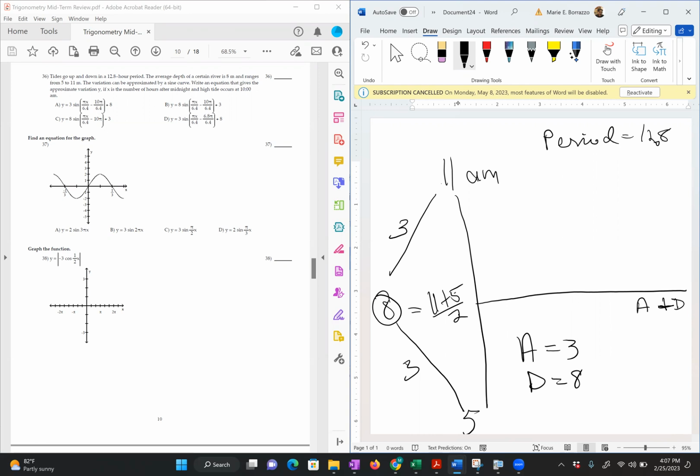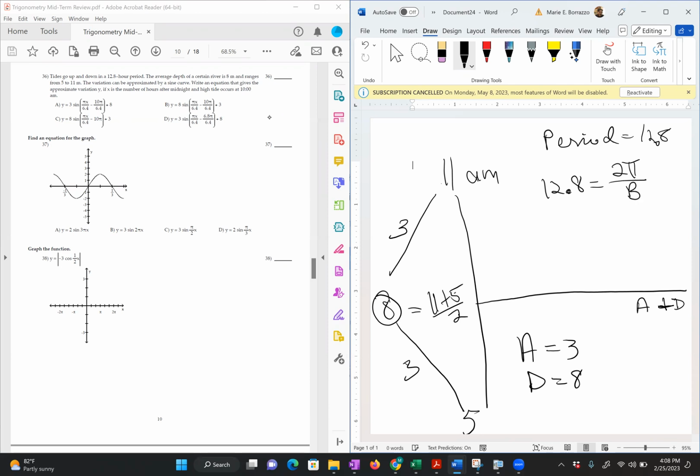B and C are no good to me. I also noticed here that it says the number of hours after midnight. If you notice, they all have the same pi x over 6.4, so that's not an issue. The issue is the phase. So here's what I know. I know that 12.8, the period, is equal to 2 pi over b.